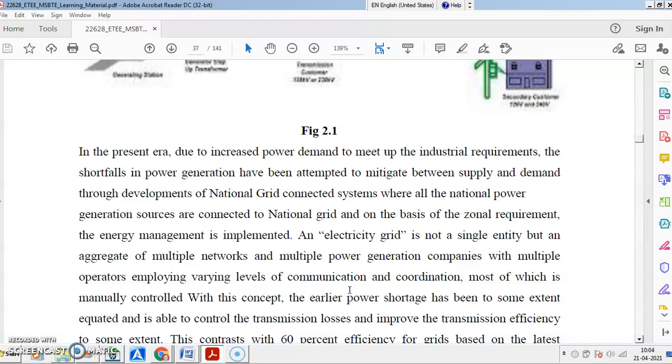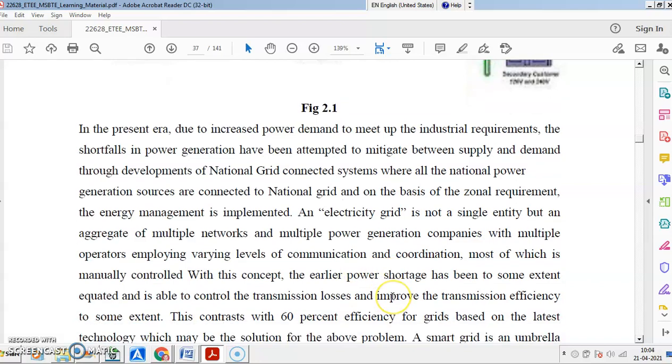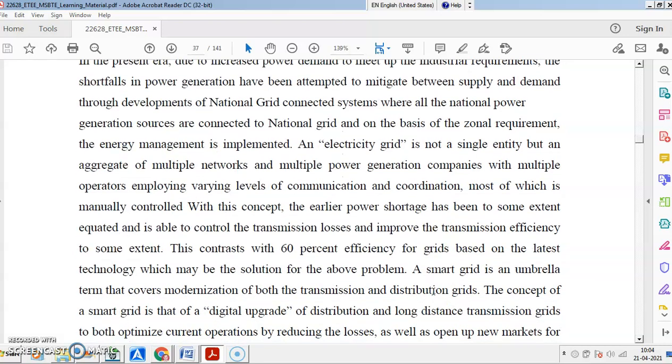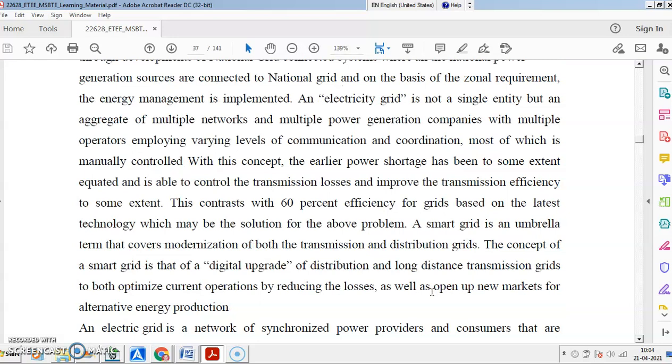With this concept, the earlier power shortage has been to some extent equated, and it has been able to control the transmission losses and improve the transmission efficiency to some extent. The contents with 60% efficiency for grid.